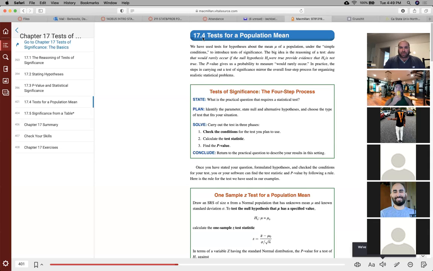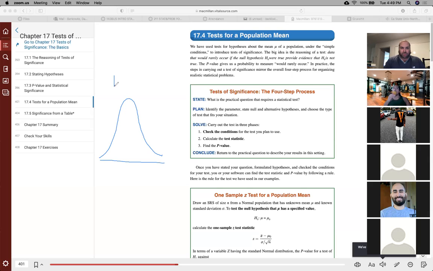So what we have is as follows. We believe that it's coming from a normal distribution. That's one of our assumptions. If the null hypothesis is true, we are claiming that the mu has some specific value, which we will label as mu naught.